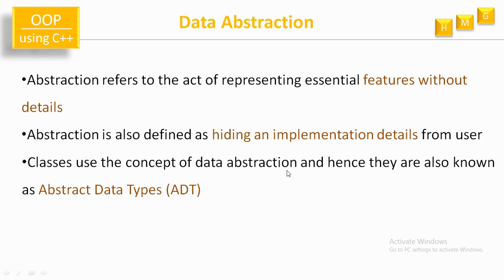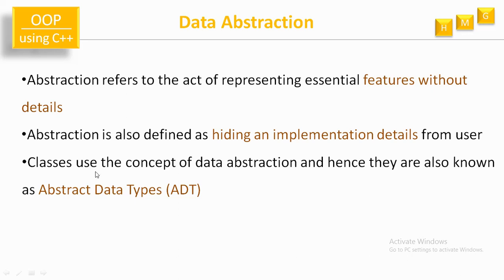When you define a class, there is data and functions operating on it. At the time of defining a class, there is no implementation at all. The details are not there, and hence the concept of data abstraction is implemented in terms of class.